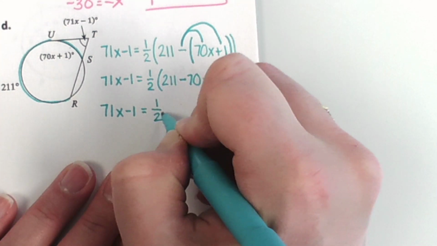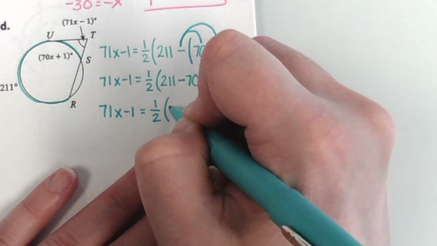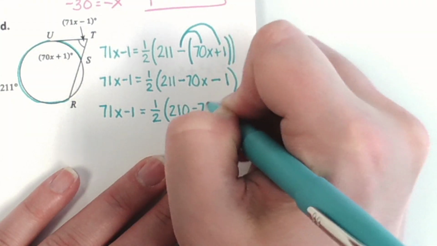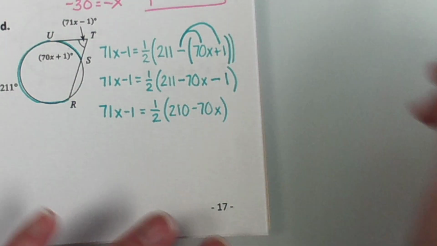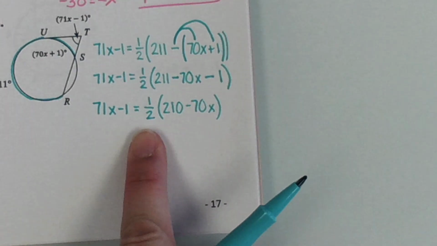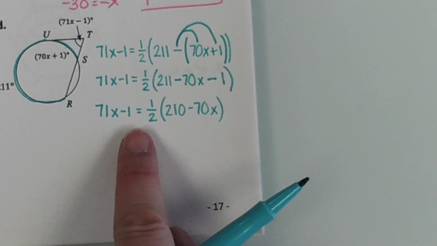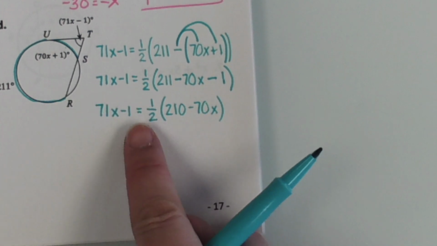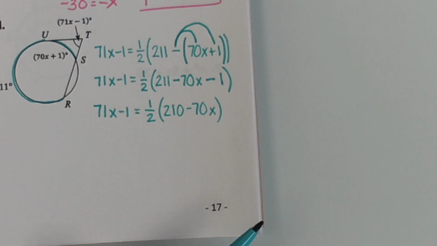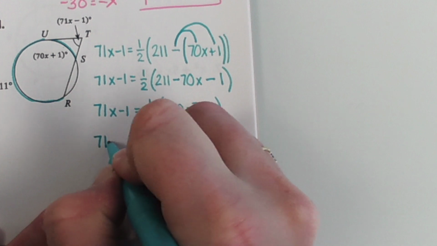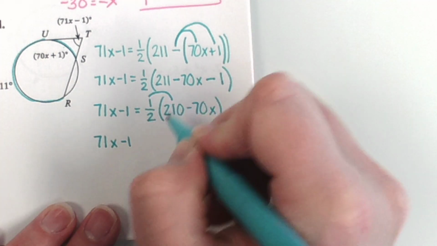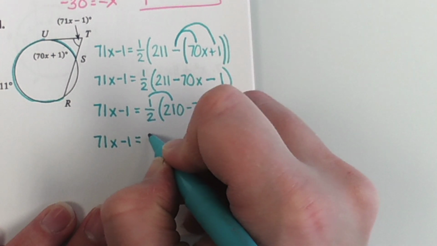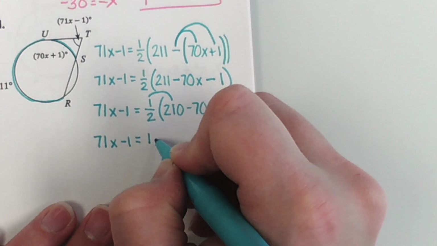I combine my like terms. 211 minus 1 is 210. When it comes to this situation, to get rid of that 1/2, you can multiply by 2, making sure you multiply both of these. Or distributing the 1/2, make sure you multiply both of them by 1/2. It doesn't matter which way, neither is easier here. In that case, I tend to just distribute the 1/2. It gives me smaller numbers.